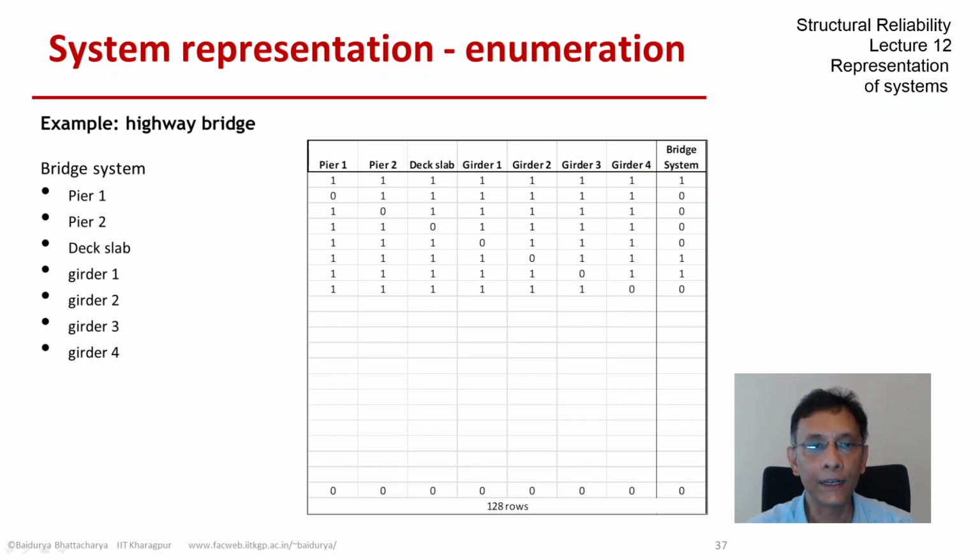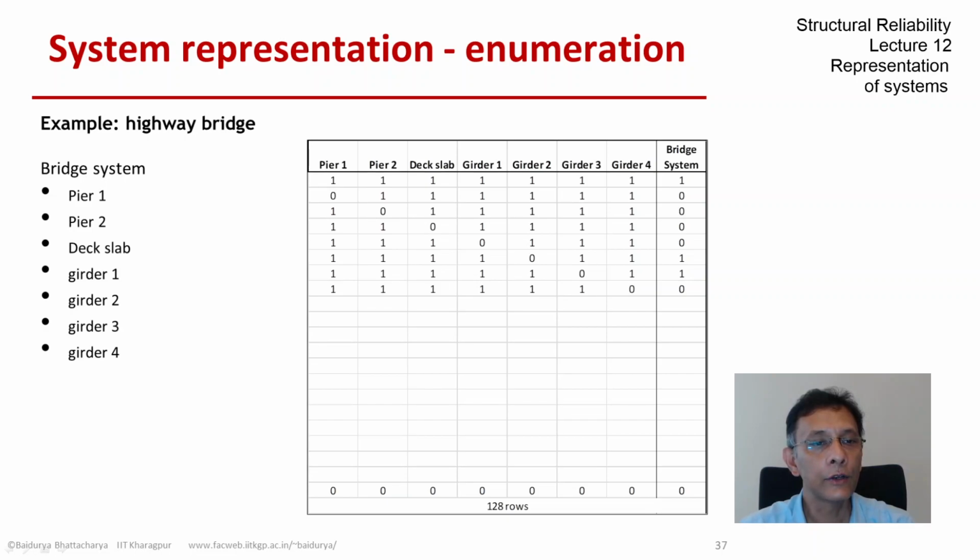That's the second row. The third row is likewise what happens if pier 2 fails. While all the others are up, then also the bridge system fails. Obviously, if both piers fail, that would be another row down the road. Then also the bridge system would have failed.